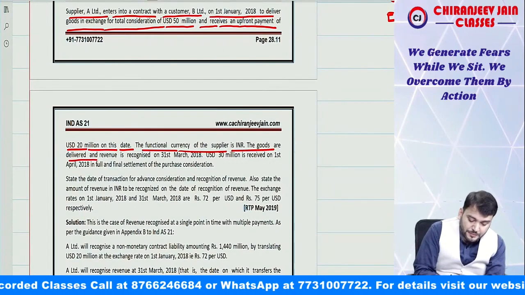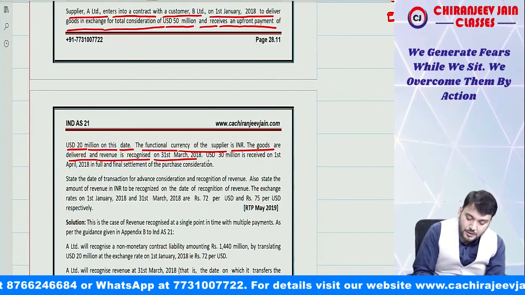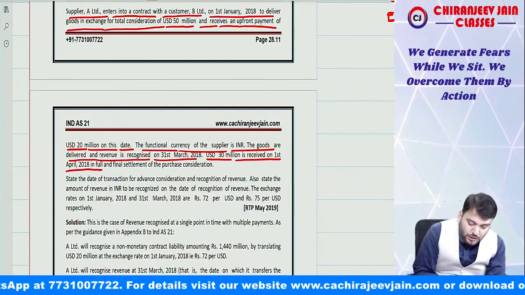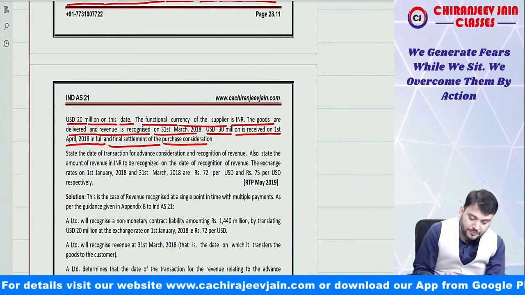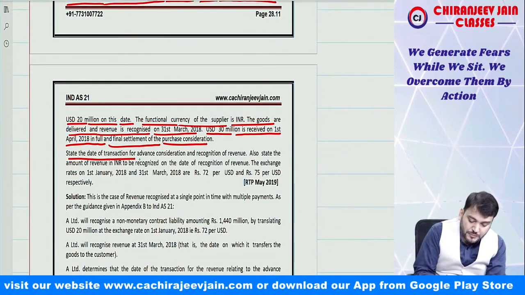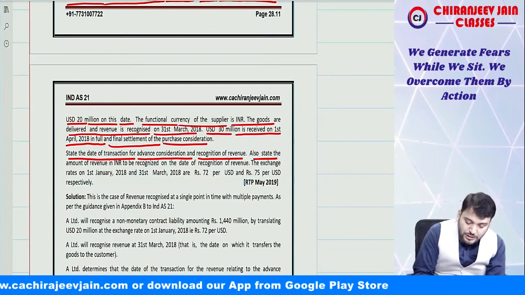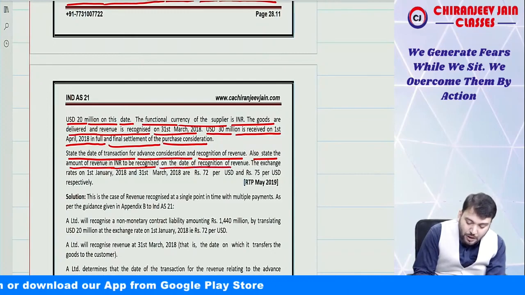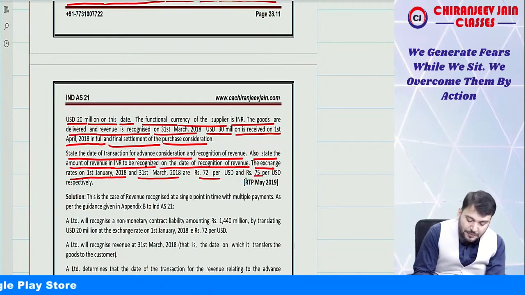The goods are delivered and revenue is recognized on 31st March 2018. $30 million is received on 1st April 2018 in full and final settlement of purchase consideration. State the date of transaction for the advance consideration and recognition of revenue. Also state the amount of revenue in INR to be recognized on the date of recognition of revenue. The exchange rate on 1st Jan and 31st March is 72 and 75.